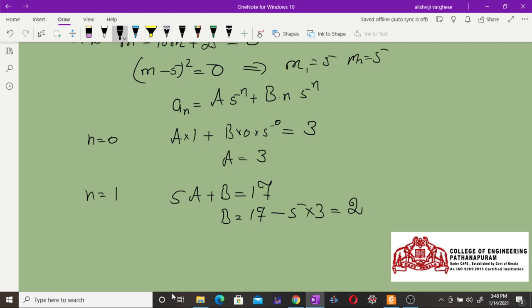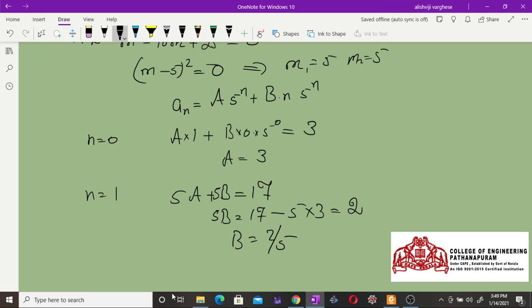One second. If we substitute n is equal to 1, what we have is, okay, this is not 5a plus b, this is 5a plus 5b. Here we have n is equal to 1, so it is b into 5 raised to 1, so it is 5b. So 5b is equal to 17, or it is 2, so b is equal to 2 by 5.